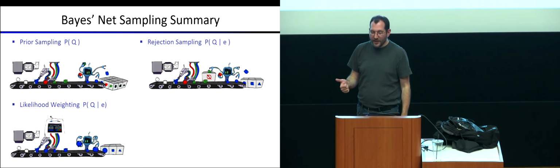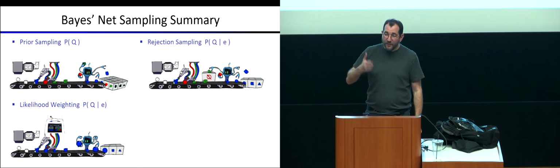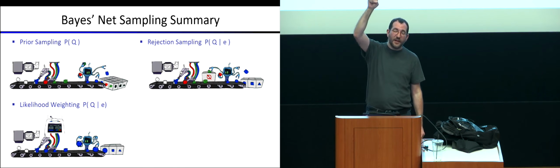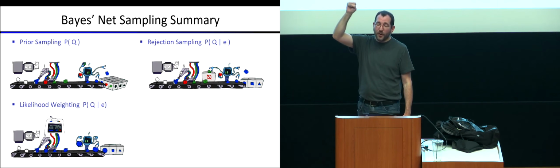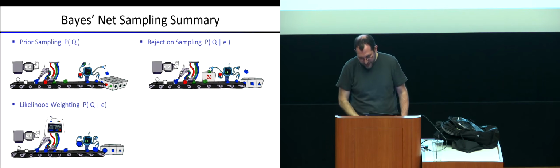We had likelihood weighting, which is also to answer P of Q given some evidence. Here, every sample is relevant, but sometimes they all have so low weight that you didn't really gain much. But sometimes, if the evidence is high enough in the network, your samples actually are all much better, and this can be much faster to converge than rejection sampling.